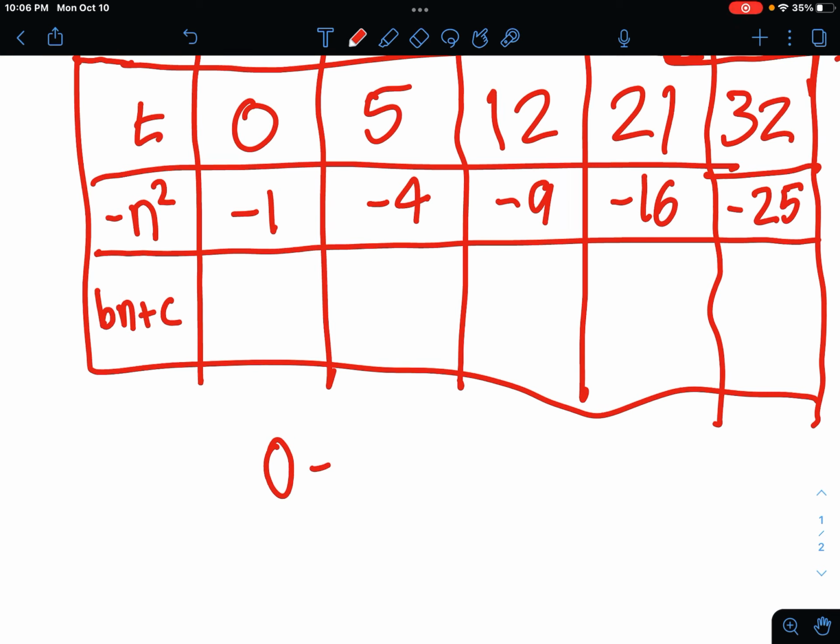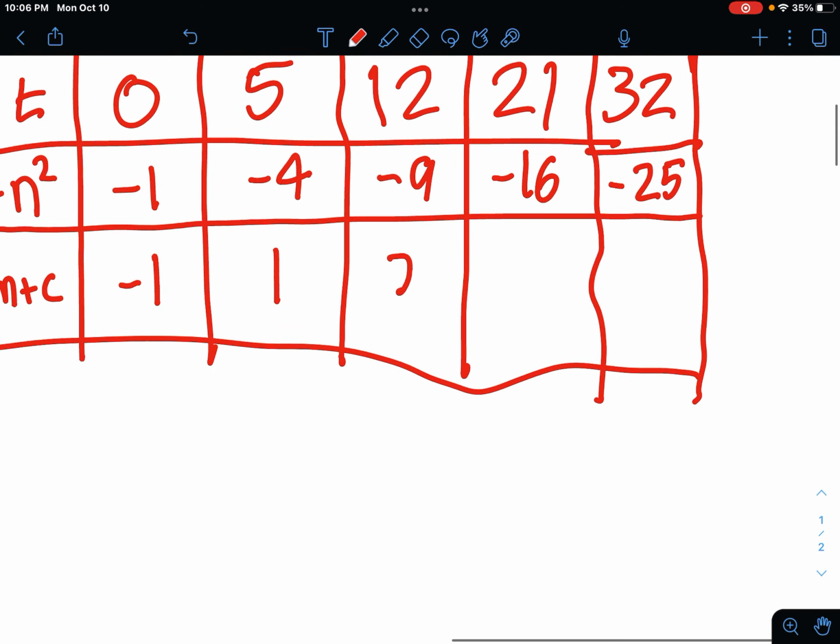So you kind of want to do 0 minus 1 and figure out the answer. So in this case, it would be -1 because we're subtracting. So if you had 5 and 4, you would add them, but in this case we're subtracting because we have 5 and minus 4. So in this case I will get 1. Here I'd get 3, 5, and 7.